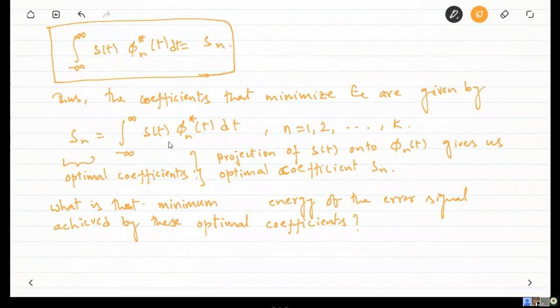So in math, we'll simply write integral from minus infinity to plus infinity s of t multiplied by phi n conjugate of t dt. But what does it mean?